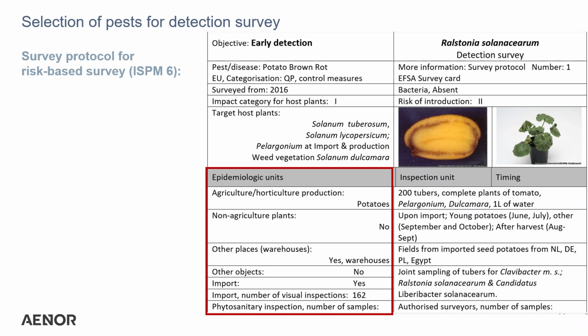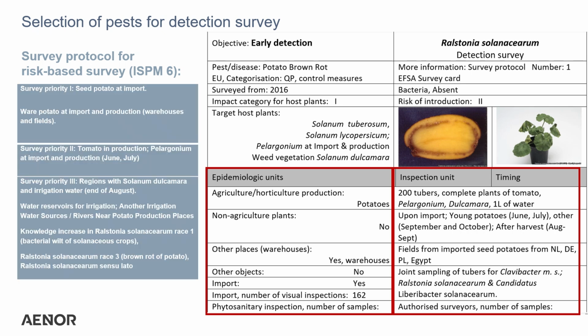Together we can have a certain number of samples. And what is also important, there are inspection units and timing when this will be sampled. For example, a sample unit of 200 tubers for one sample. Then complete plants of tomato, pelargonium, dulcamara, and 1 liter of water if this is for an infected area.